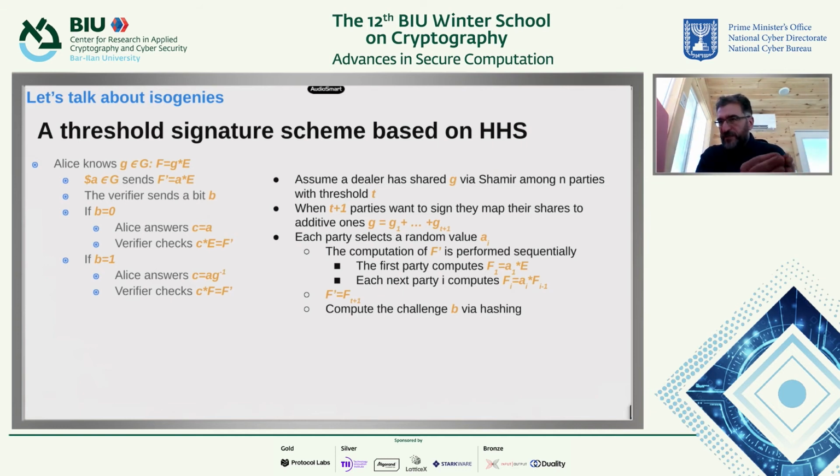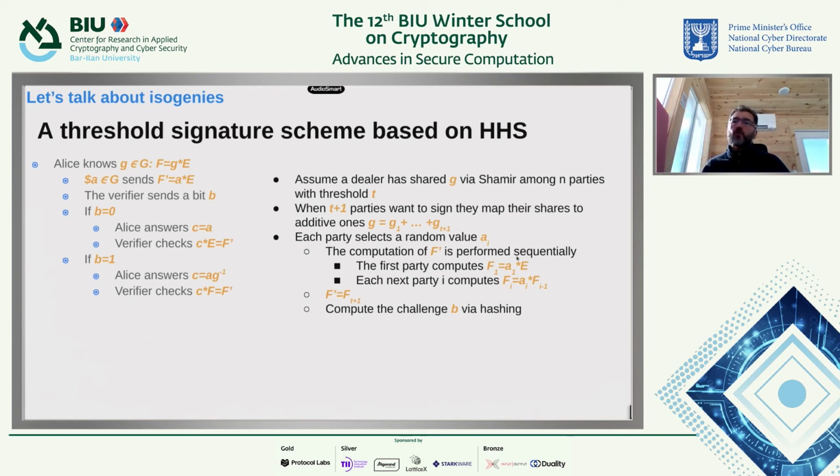That's the homomorphism property of the action. But you can only do this sequentially, because if I apply A1 and you apply A2, we end up in two different curves, and there's no operation on the curves that would allow us to combine A1 and A2 after we apply them in parallel, which we have with discrete log.